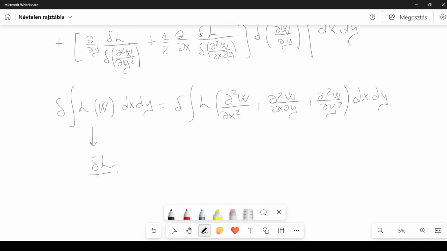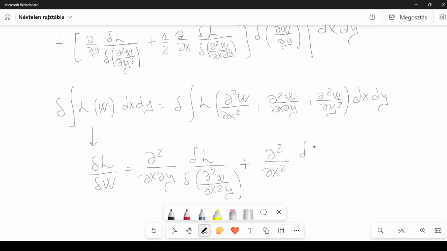We have the change in L with respect to w equal to the second derivative with respect to x and y of the change in L with respect to ∂²w/∂x∂y, plus second derivative with respect to x squared, the change in L with respect to ∂²w/∂x², plus ∂²/∂y², the change in L with respect to ∂²w/∂y².